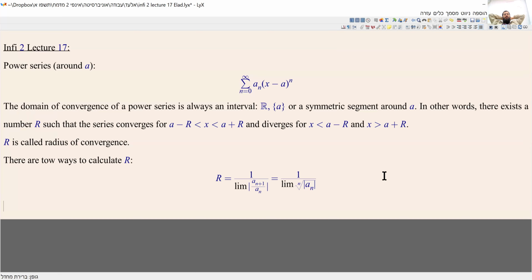You have a lot of syllabus to cover, so we can't take our time with every little subject. So what I want to talk about today is the uniform convergence of power series.